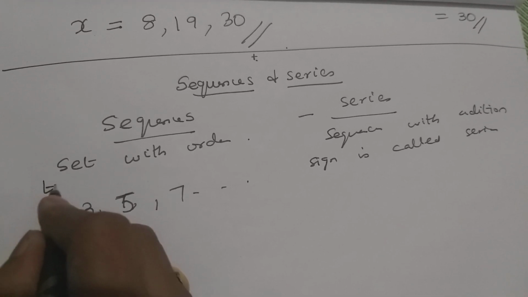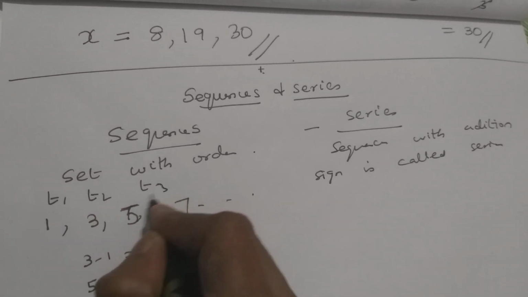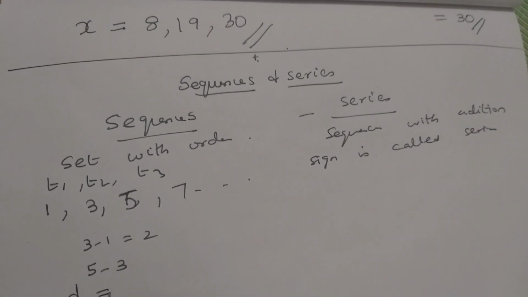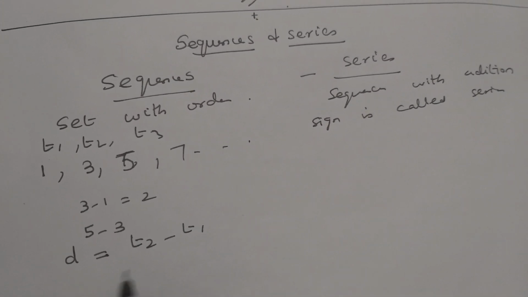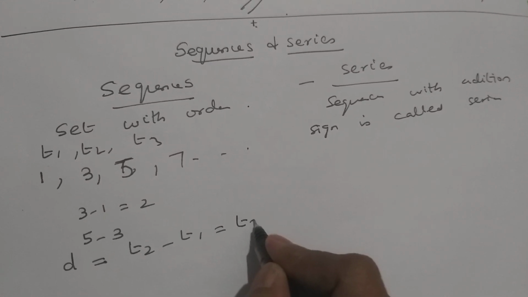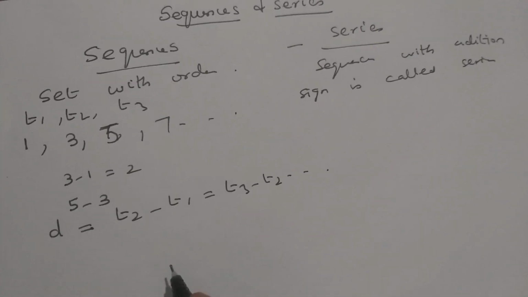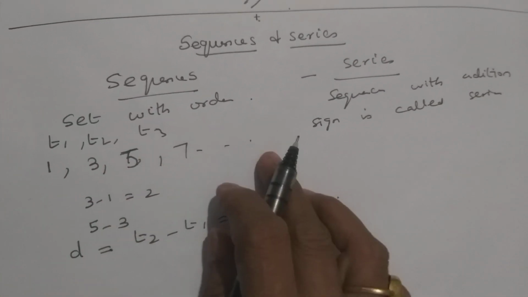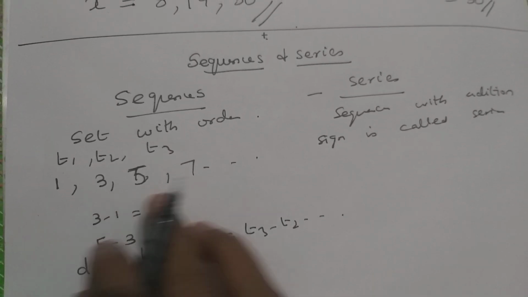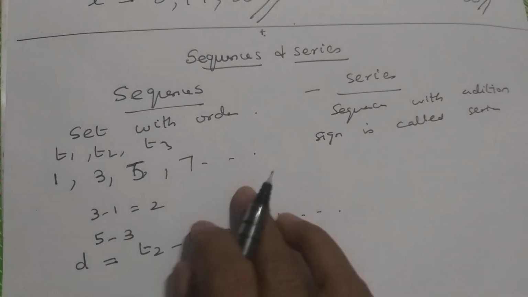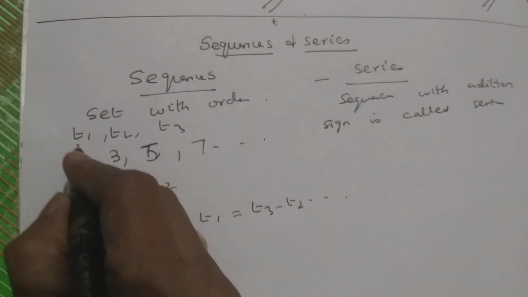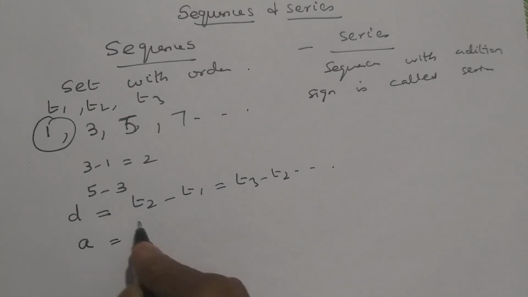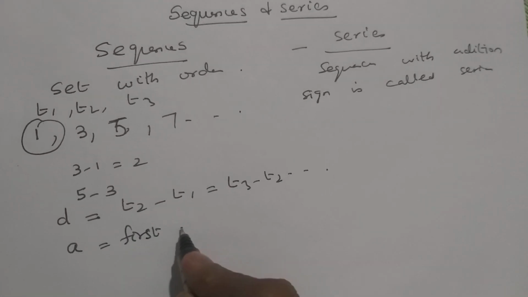So if you take the terms as T1, T2, T3, we can take the difference D as T2 minus T1, or T3 minus T2. If the differences are equal, then it is in order and we can say it is a sequence. D is for difference, and the first number is taken as A. A is always the first number.